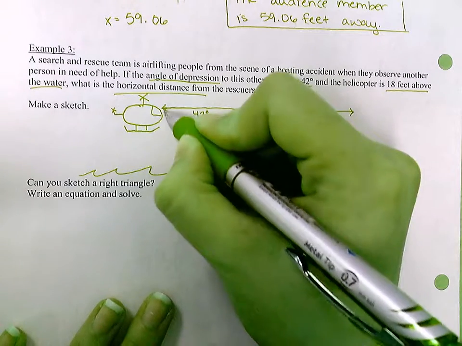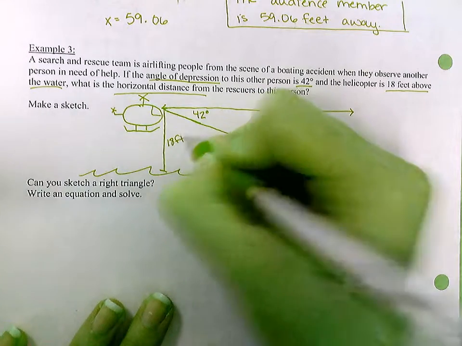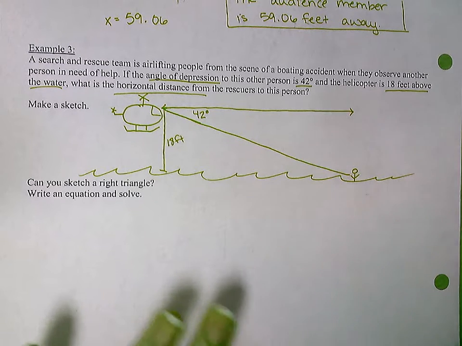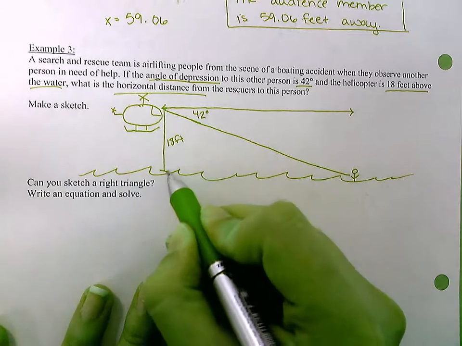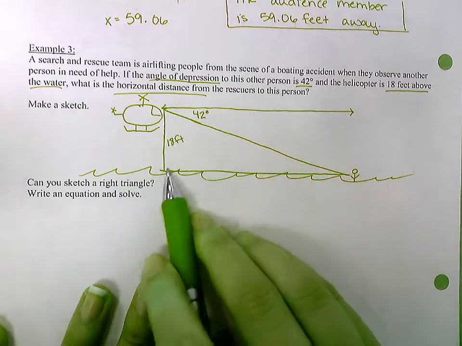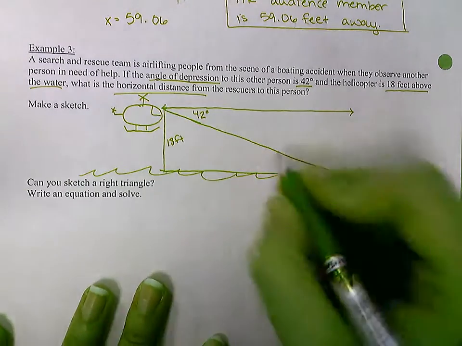So from here to the water is 18 feet. And we want to find this horizontal distance from the helicopter to the person in the water.